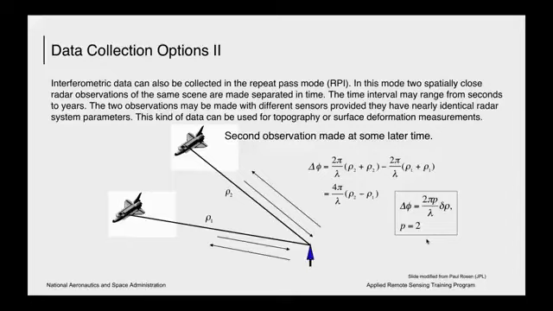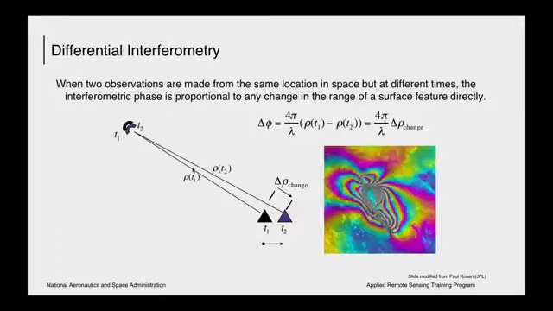We still need to know the baseline, or distance between the two radar antenna locations, but it's more difficult to measure because we need to know the orbits of the satellite or space shuttle or whatever, and then be able to take the difference between those. This then allows us to measure deformation that happened between the two acquisitions.